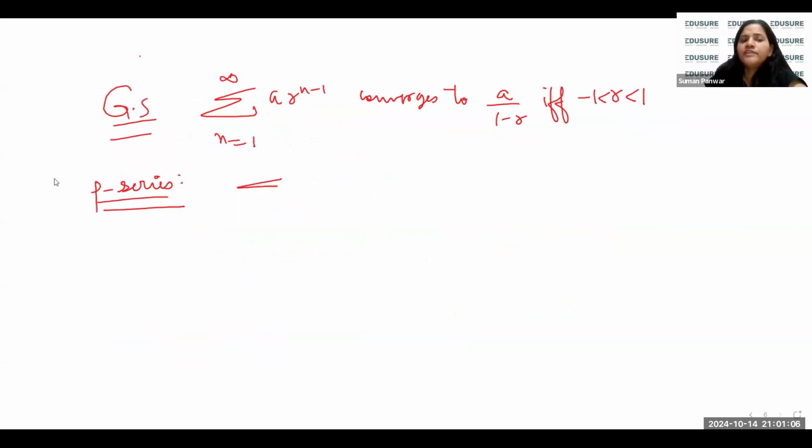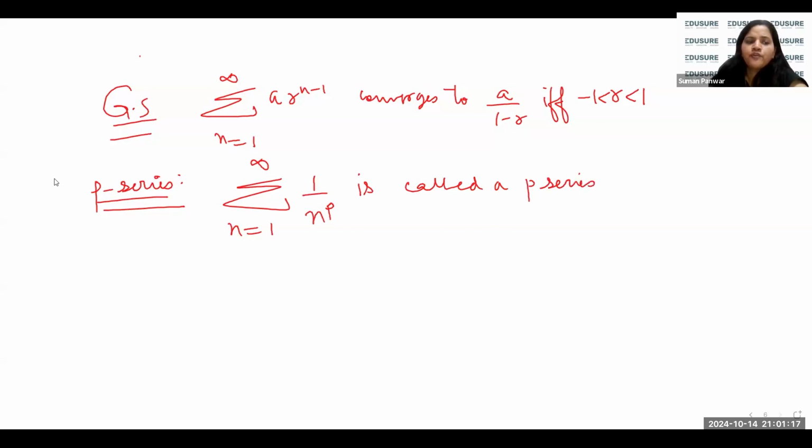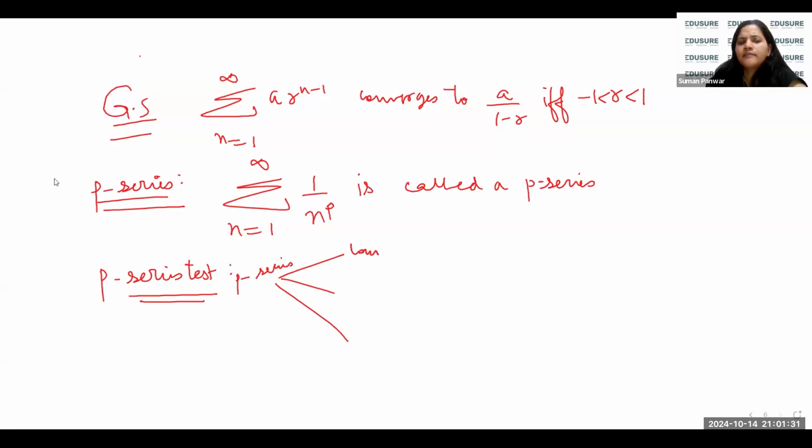So any series of this type is called a P series. Okay. So there is a test which is known as the P series test. So a P series converges, and there is no third case. There are only two cases.